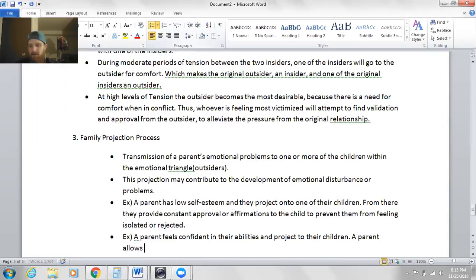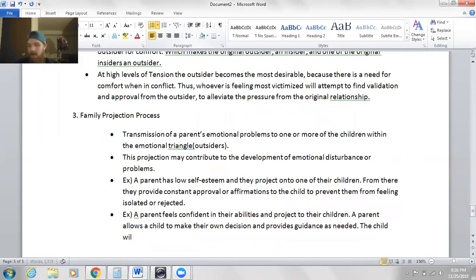A parent allows a child to make their own decisions and provides guidance as needed. The child will gain a sense of confidence just as the parent projected.